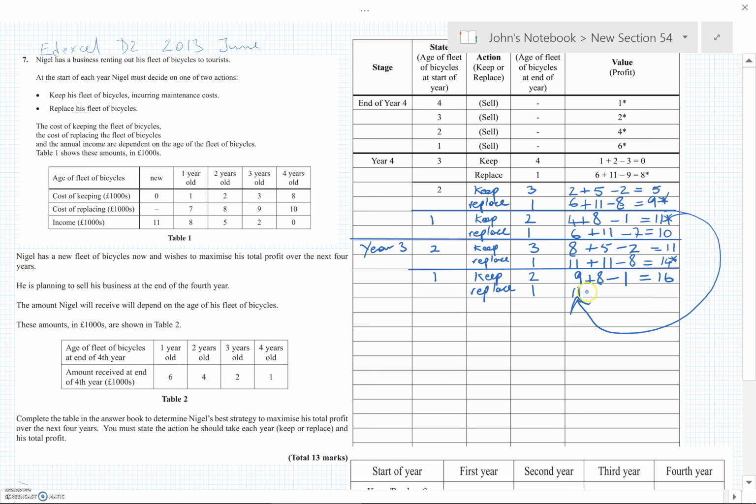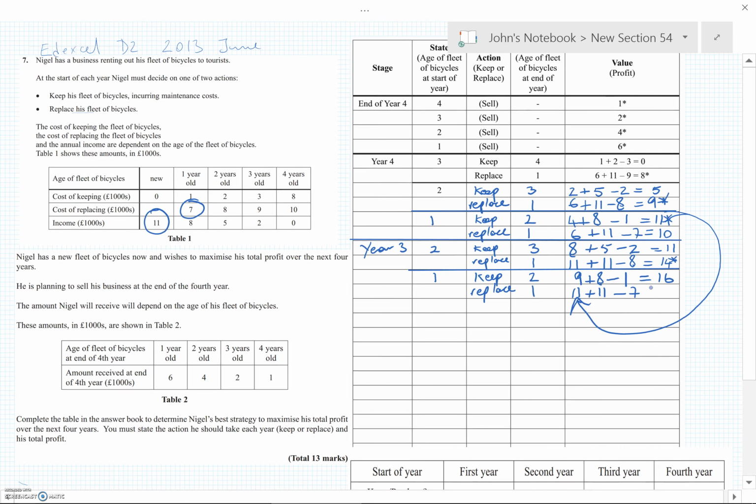We will also have an income of 11 because they're new bicycles. However, there will be a replacement cost for the 1-year-old bicycles of 7. So that's 11 plus 11, take away 7, which is equal to 15.